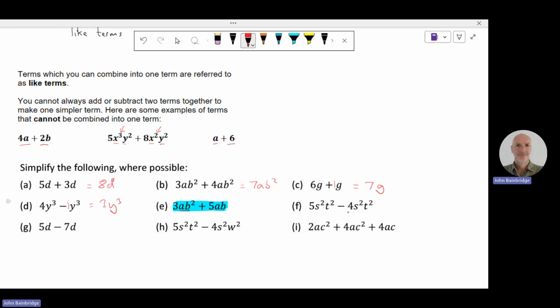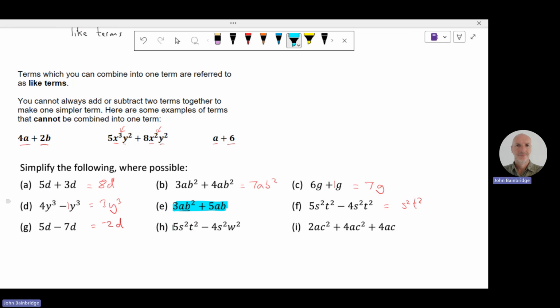5s squared t squared minus 4st squared. So they're like terms, so it's 1s squared t squared, but we don't need the 1 in front, so we just write s squared t squared. 5d minus 7d, 5 minus 7 is minus 2d. 5s squared t squared minus 4s squared w squared.